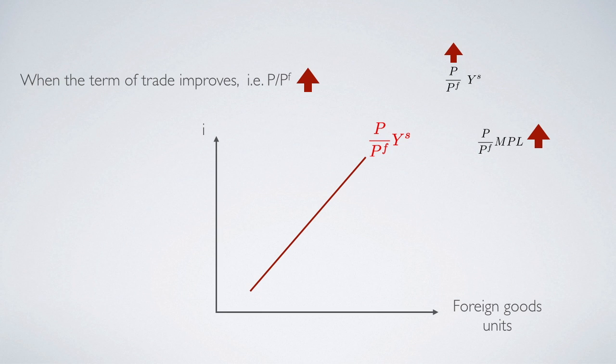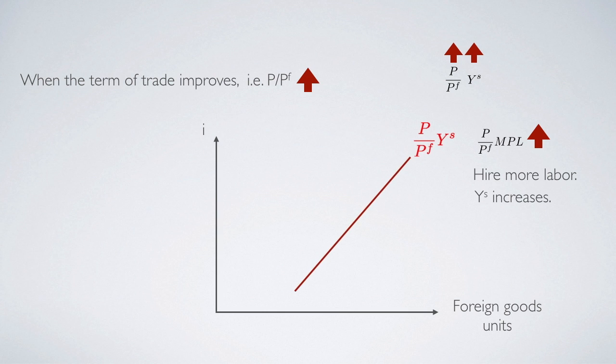Therefore, the home producer would decide to hire more labor, which will also enhance the YS value. So both terms will increase when P divided by PF increases. Therefore, when the terms of trade improves, this line will shift to the right.